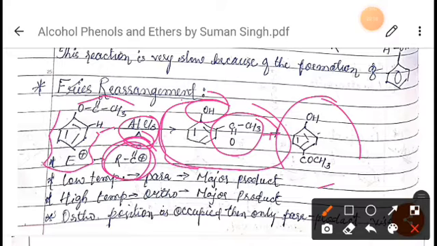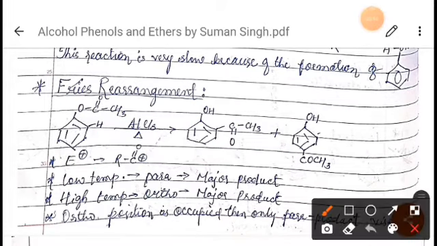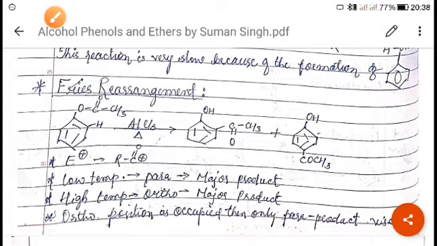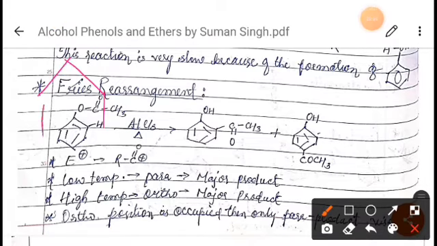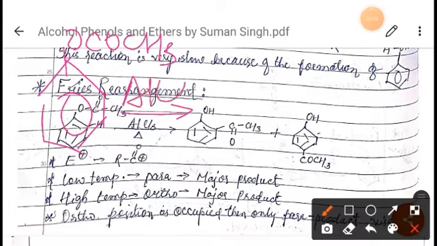One more example I would like to give you. Suppose we have OCOCH3. So this is phenyl acetate, right? This phenyl acetate in the presence of AlCl3, and when we heat this, we will get ortho hydroxy acetophenone and after that para hydroxy acetophenone.